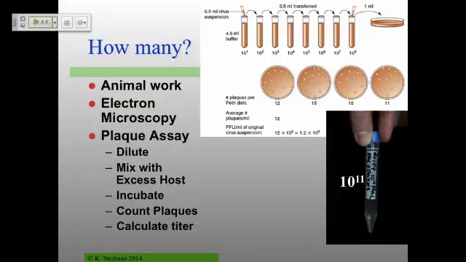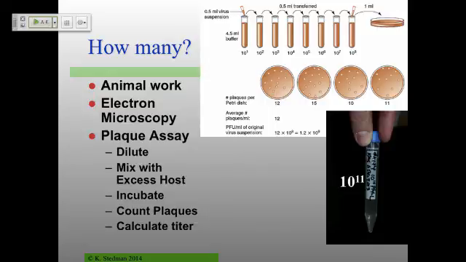And then eventually you take those dilutions, mix them together with a host, and then let everything grow, and then see where you have virus infection that's taken place, each of these plaques. This incubation period is really important because what you're doing is allowing multiple life cycles of virus infection to take place.